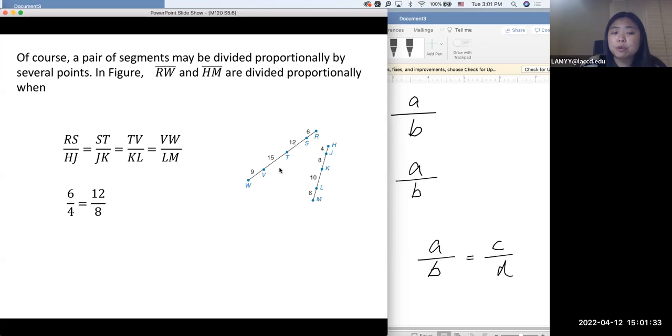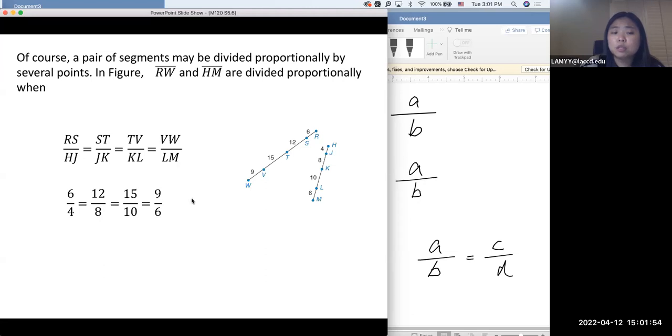For example, RS is 6, and HJ will be 4, and then ST will be 12, JK will be equal to 8. So we could write them equal to each other this way. When you simplify, they should be the same number.